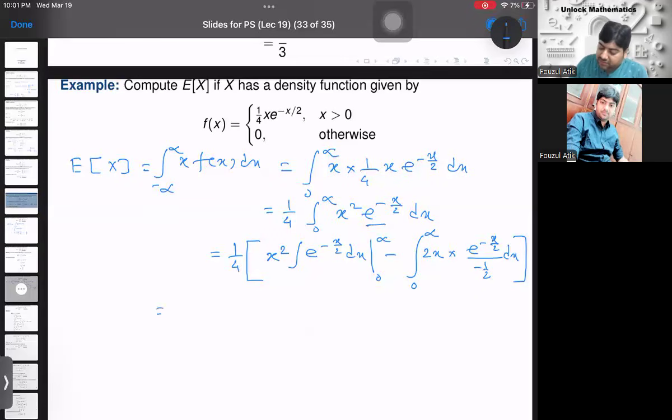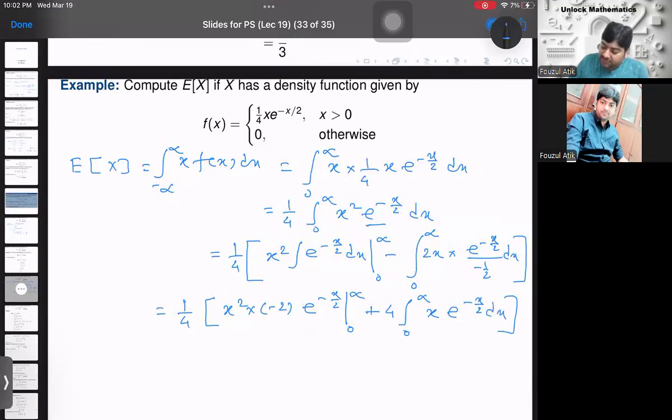So 1 by 4 into x square into, integrating this, minus 2 e to the power minus x by 2, limits between 0 to infinity, minus, and minus becomes plus, 4 into the integral from 0 to infinity of x e to the power minus x by 2 dx.